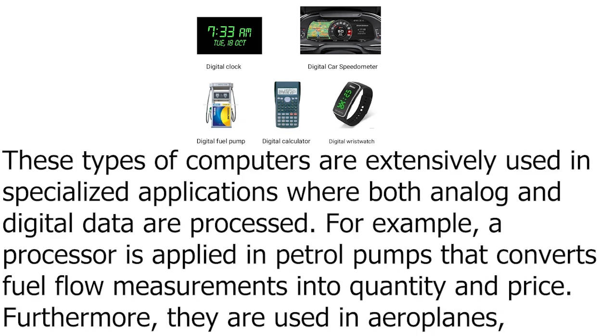This type of computer is extensively used in specialized applications where both analog and digital data are processed. For example, a processor is applied in a petrol pump that converts fuel flow measurement into quantities and price. Furthermore, they are used in aeroplanes, hospitals, and scientific applications.